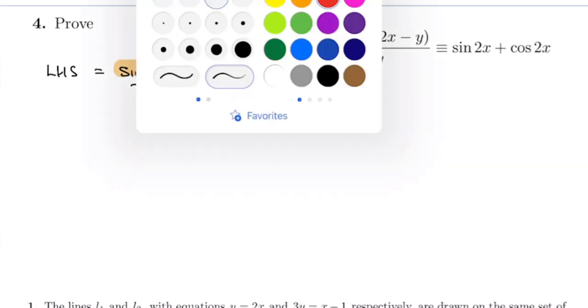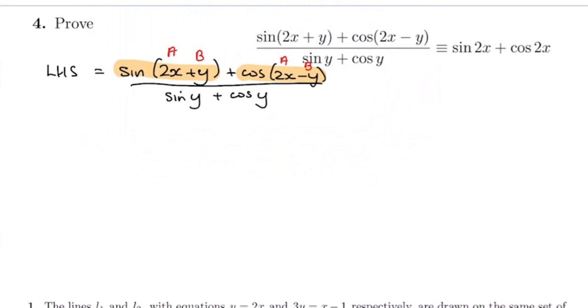Okay, so I'm going to put those in. So the first one, I'm going to expand. So sine of A plus B, so that's sine of A, which is 2x, cos of B, which is y, plus cos of A, so that's cos of 2x sine of y.